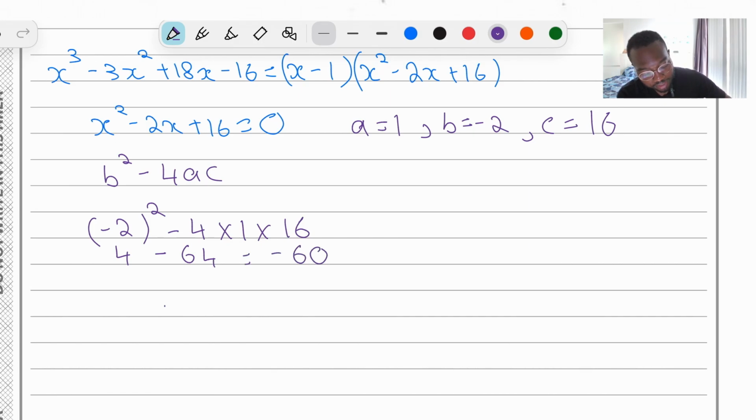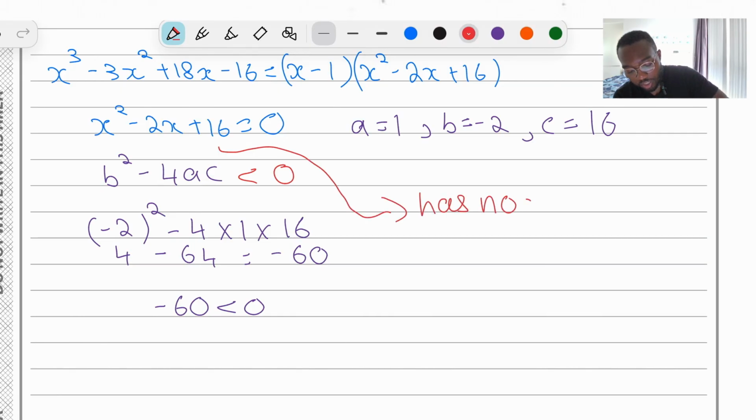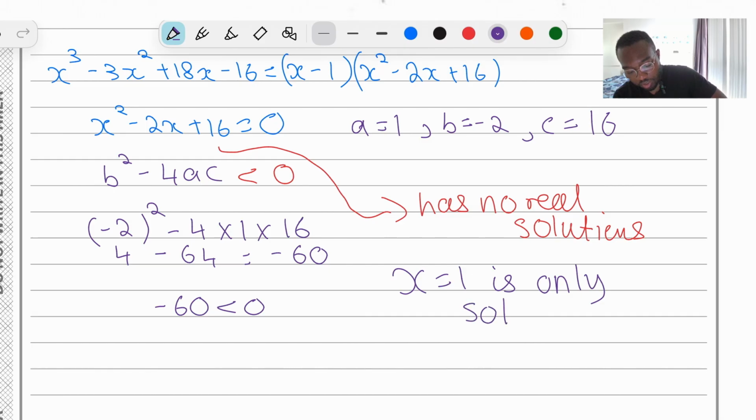Now, minus 60 is less than 0. And when we have the discriminant, b squared minus 4ac, and it's less than 0, that must mean we have no solutions. Therefore, this x squared minus 2x plus 16 has no real solutions. Therefore, x is equal to 1 is the only solution.